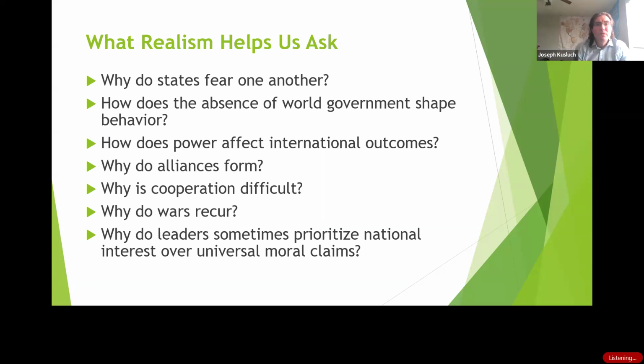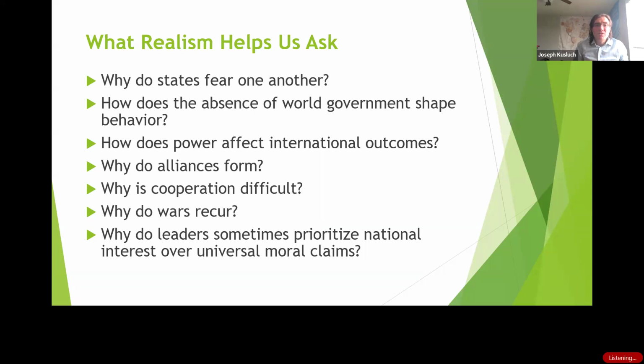So to conclude, realism is one of the foundational theories of international relations because it provides a clear and enduring explanation of why international politics is often competitive and dangerous. It begins from the assumption that states live in this anarchic world where survival cannot be taken for granted.